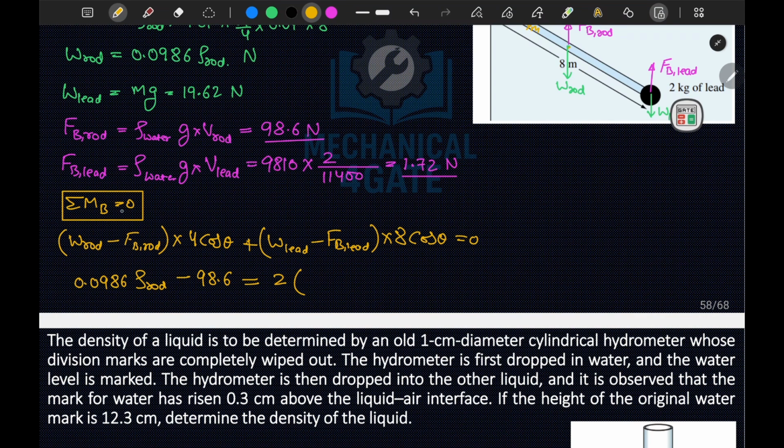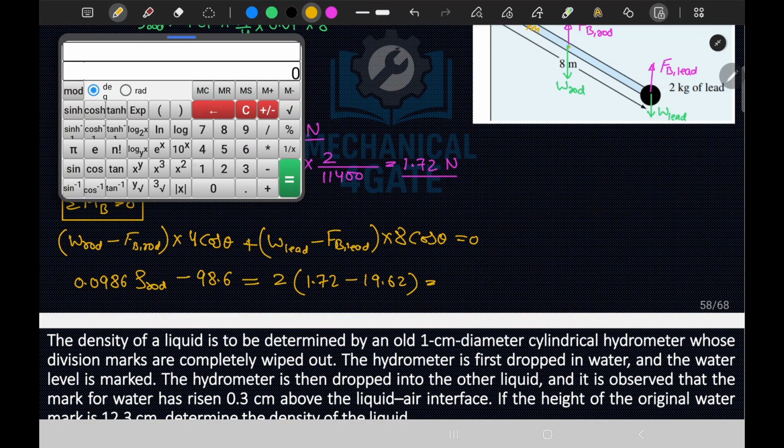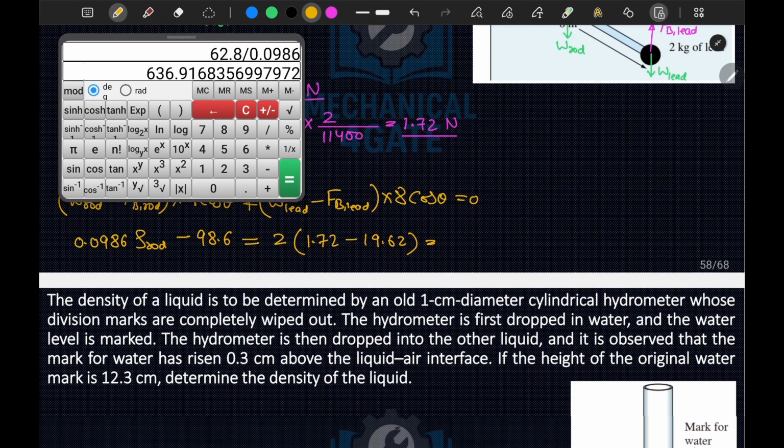FB of lead is 1.72, and weight of lead is 19.62. So this would be 19.62 minus 1.72, into 2, with a negative sign, plus 98.6.